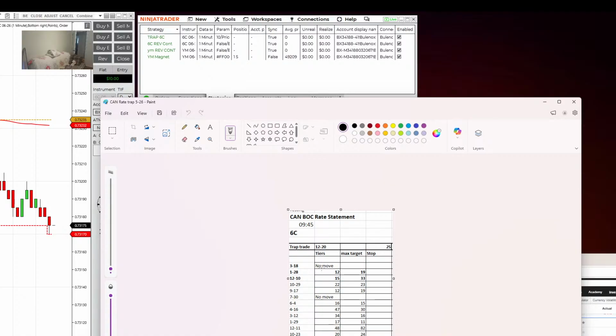It shows how much this news event spiked every month and how much it reversed if it's a trap trade. That's how I know this is not that great a report. The reversals are so-so, and the spikes are pretty small. So let's see what happens.